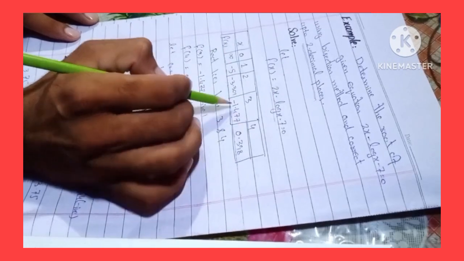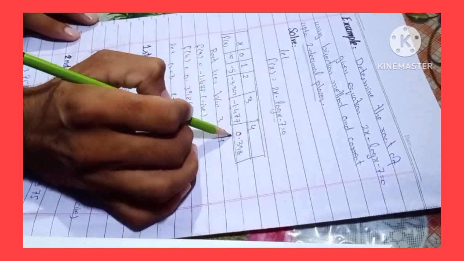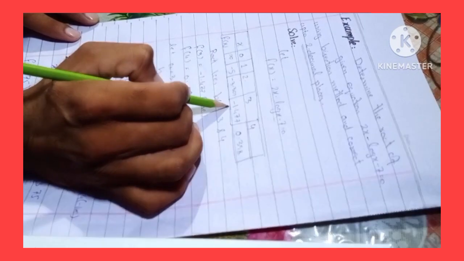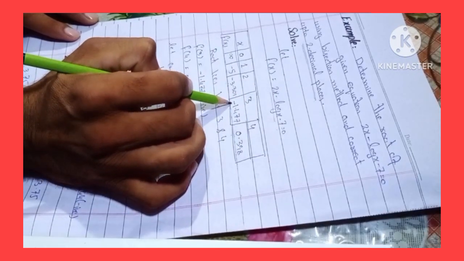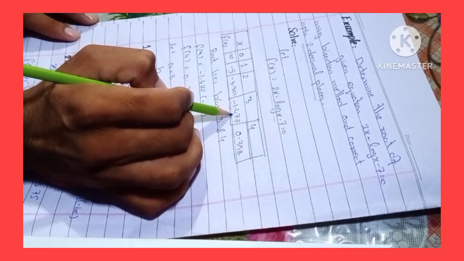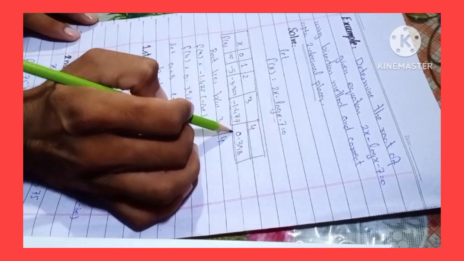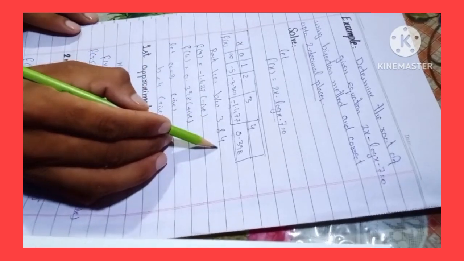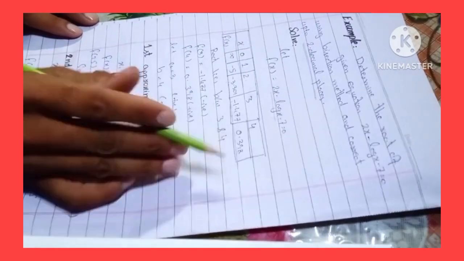Putting in these values, the sign changes between 3 and 4, because the value at 3 is minus 1.477 and at 4 it is positive. So the root lies between 3 and 4 because the sign changes.